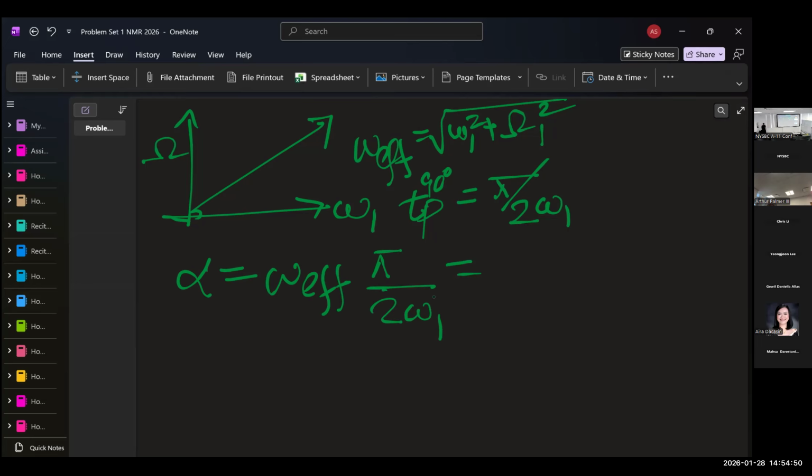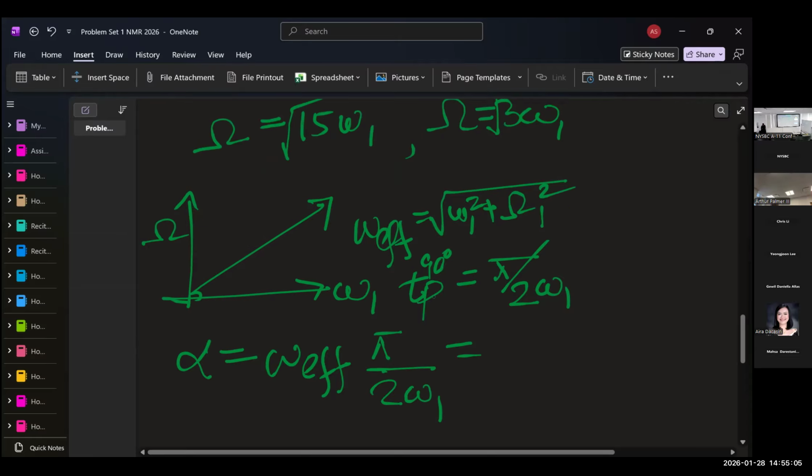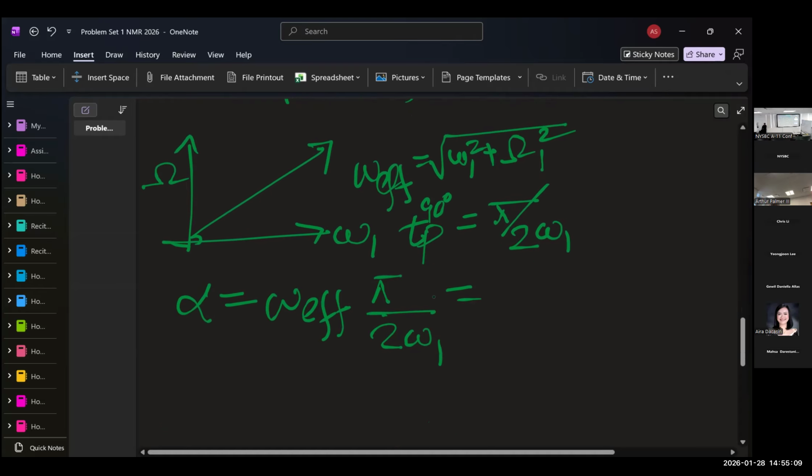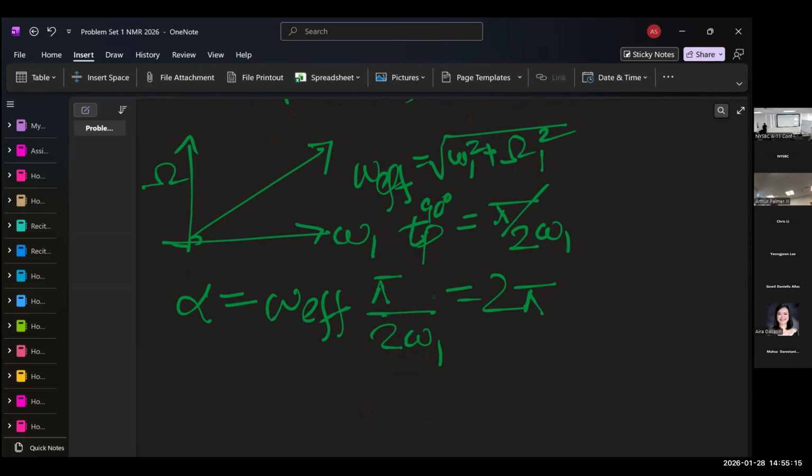For on resonance, omega effective is exactly equal to small omega 1, so that is exactly 90. For off resonance, if I want a null signal, this flip angle should be what? As the question hint tells you, it should be a multiple of 2 pi. So I'm just going to say the lowest offset for which you will achieve this is simply 2 pi.